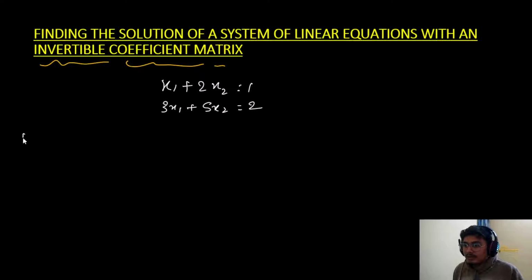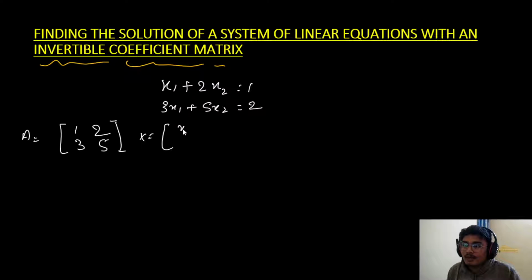So we can see that we have the coefficient matrix as 1, 2, 3, 5. The variable matrix X will be nothing but x1, x2, and the B matrix is nothing but 1 and 2.